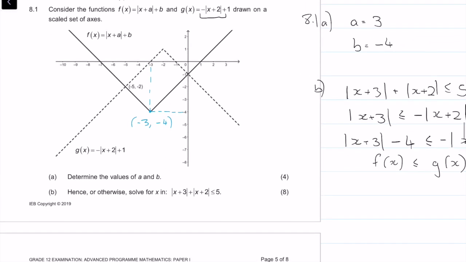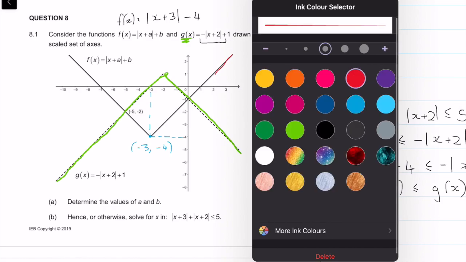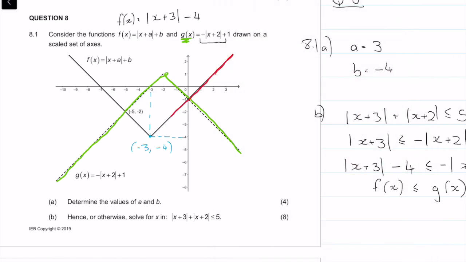Let g of x be in green, so that is that graph right there, and f of x, let's go for red. Let's make it a bit thicker. So f of x is in red. We want where f of x is less than or equal to g of x, and we're looking for this region right here.